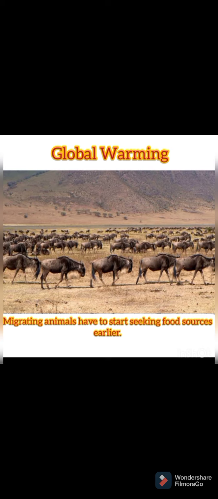Global warming is already putting immense pressure on ecosystems. This change in the growing season affects the broader ecosystem. Migrating animals, for example, have to start seeking food sources earlier.